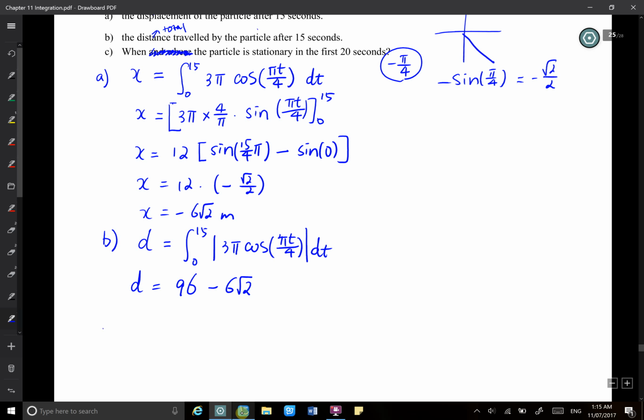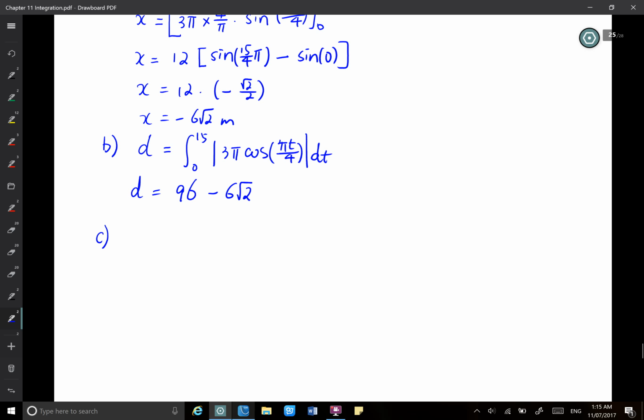And see, when the particle is stationary in the first 20 seconds, v(t) equals 0. Okay, 3 pi cosine pi t over 4 equals 0. I can just take the 3 pi out.